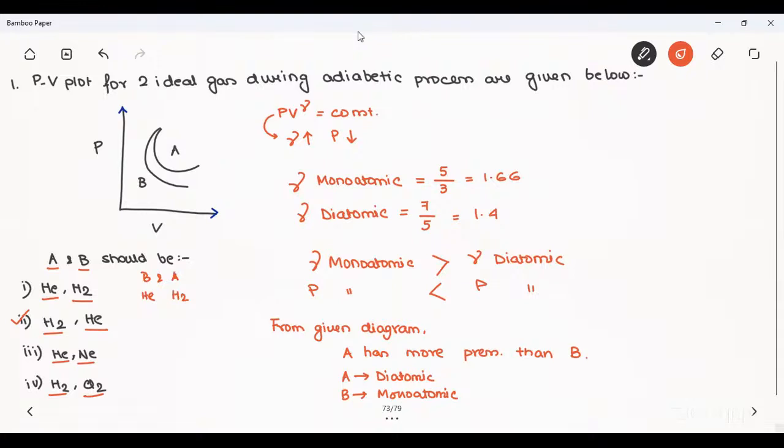So is this whole numerical clear to everyone? Yes, ma'am. No doubts, right? So last class, before starting degrees of freedom, I told you that A has to be an isothermal process and B has to be an adiabatic process. Do you remember?